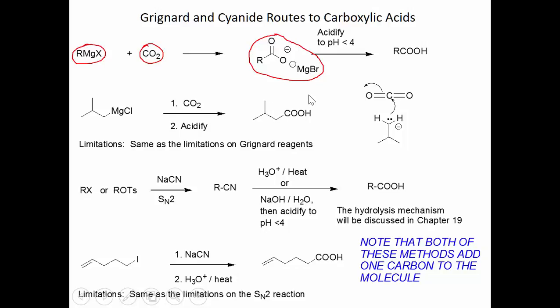Okay, and how does this work? Well, look right here. We have a carbon-oxygen double bond, and we've seen how nucleophiles add to carbon-oxygen double bonds quite extensively in the previous few chapters, right? And the CO2 is just another carbon-oxygen double bond as far as this equation goes.